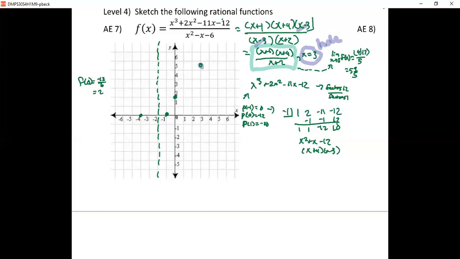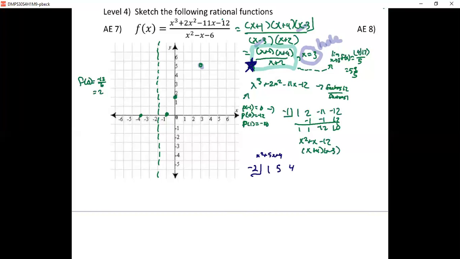So how do I find my slant asymptote? I can go back and do long division from the beginning, or since I have this in a reduced form, let's do some synthetic division with this reduced form. Let me do it in a different color so you know what I'm doing here. -2 goes into, I guess I do need to multiply those back out. x plus 1 times x plus 4 is x squared plus 5x plus 4.